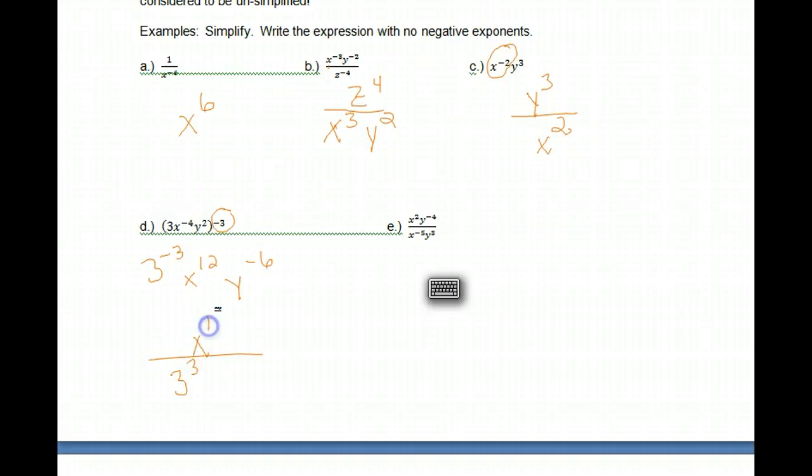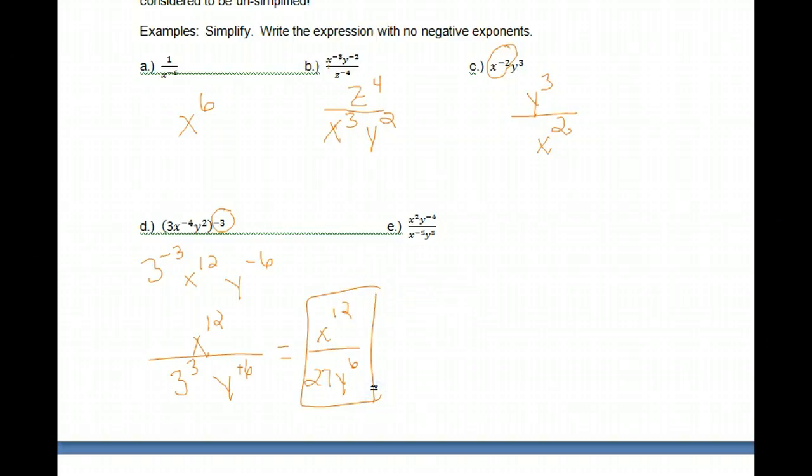X to the 12th already has a positive exponent, so it can stay right where it is. And y to the negative 6 needs to jump down to the bottom, and its exponent becomes positive. Lastly, I just want to evaluate 3 to the third power. So we have x to the 12th over 27 y to the 6th, and that is my final answer.